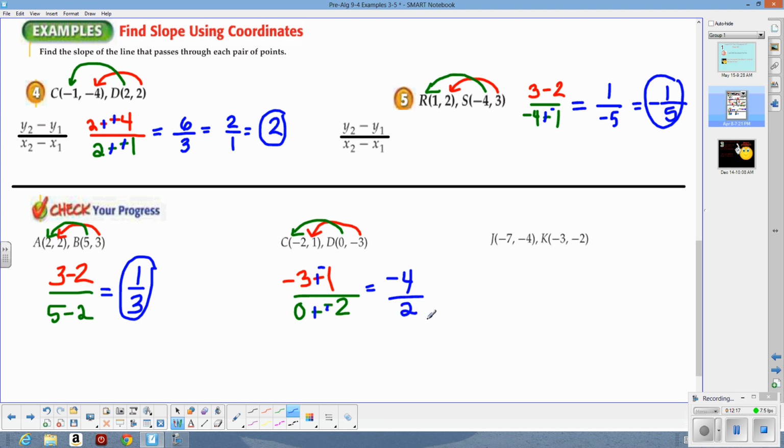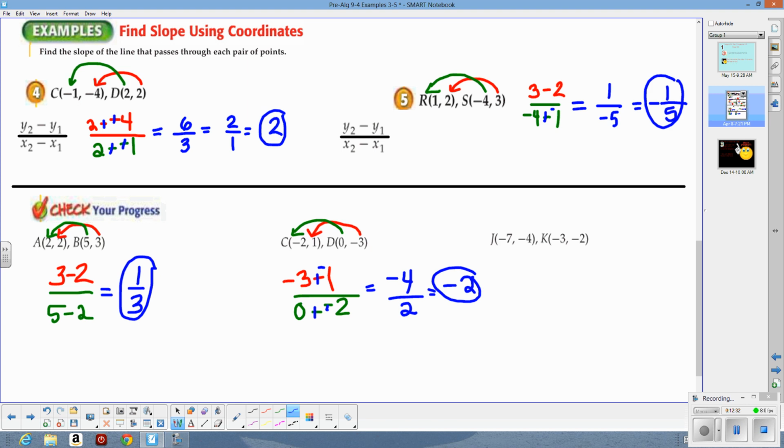Now this can be simplified. Once again, if you have just one negative, that means the slope is going to be negative. But then both of these can be divided by 2, so you end up with 2 over 1, or just 2. In this case, -2, since we had one negative.